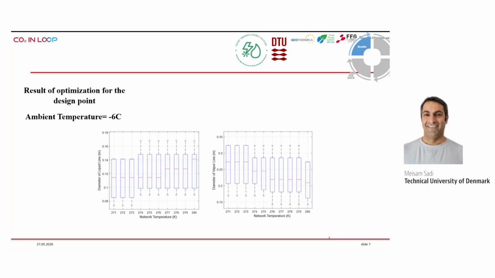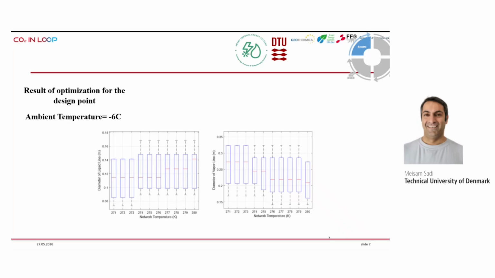What we have here is that we set the temperature of the network in a specified range. For this specific case, we defined the range between 271 and 280 Kelvin, and the simulation is performed. And the result can be seen here.